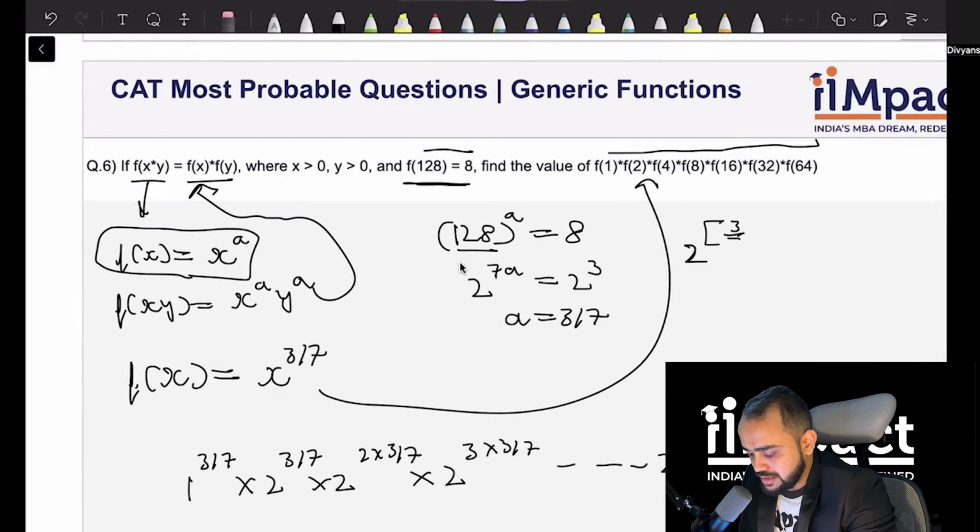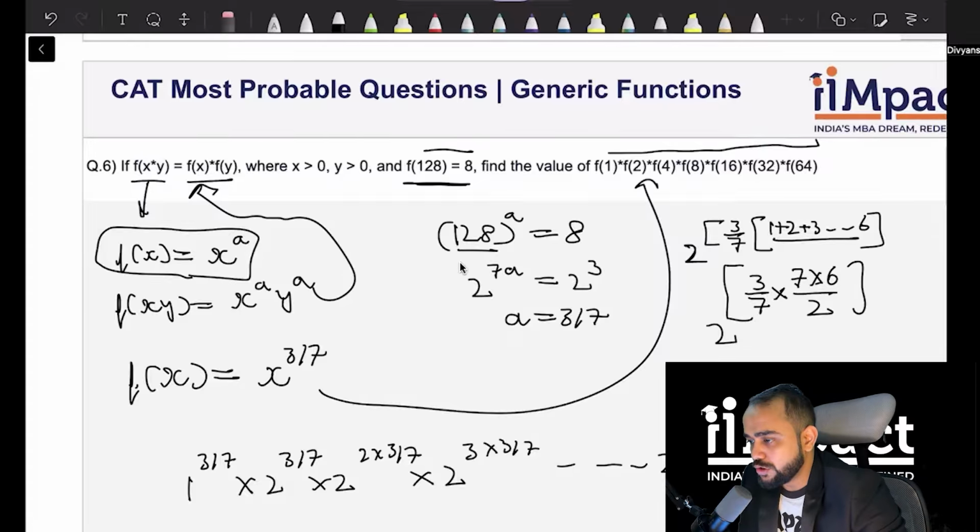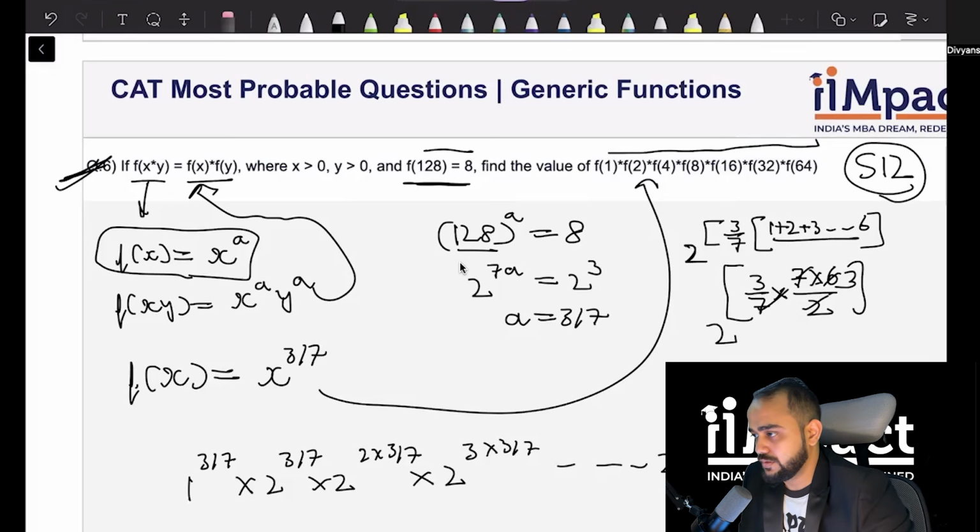If I take 3 by 7 common there, I'll get 1 plus 2 plus 3 till 6. This is the sum of first n natural numbers, which is going to be n plus 1 into n divided by 2. I have this 3 by 7 sitting outside. This whole thing is going to be the power of 2, and that is my answer. So 7, 7 cancels, and I get 2 to the power 9, which is 512, as the answer for this question.